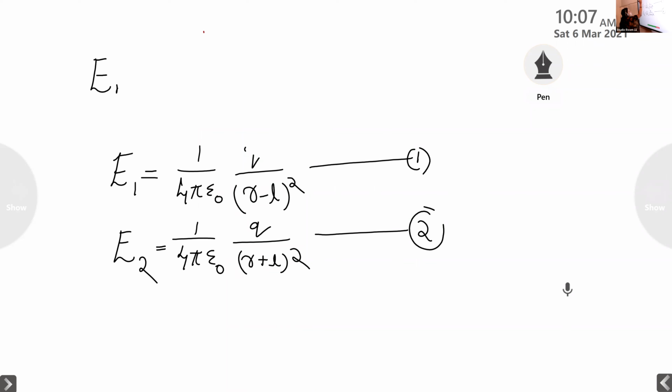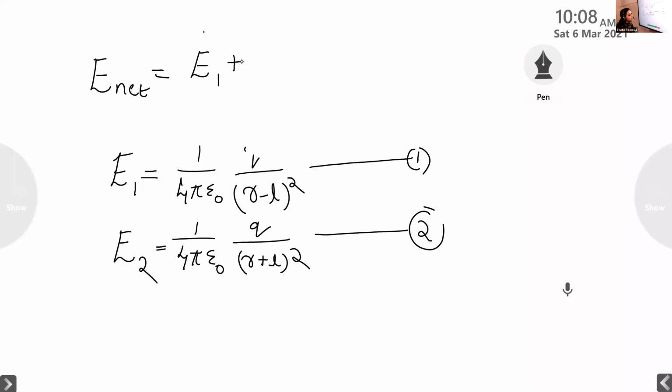According to the superposition principle, the net electric field intensity at a particular point P is the vector sum of the electric fields due to individual charges, right? So the net electric field at point P is given by E1 plus E2. But look at the direction of E1 and E2.